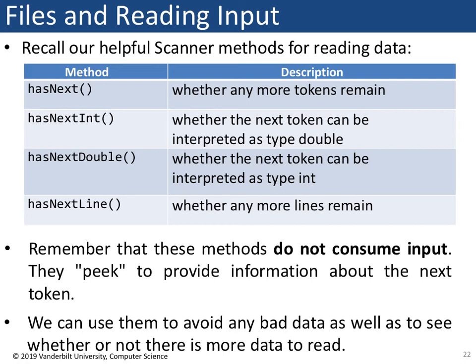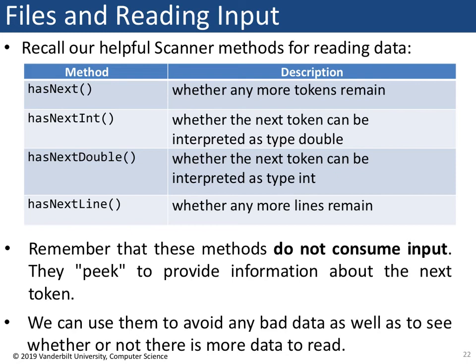So if we were to attempt to read the next int, but the next token were a word, that would cause a runtime error. Using hasNextInt will return true or false, but won't cause a runtime error if there is not an integer on the input stream in the next token's location.